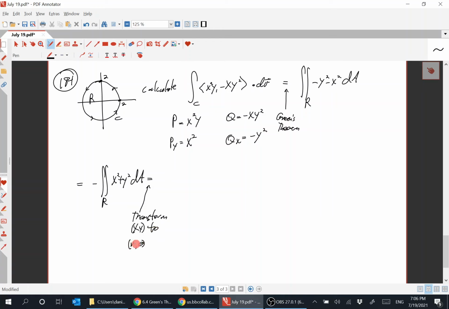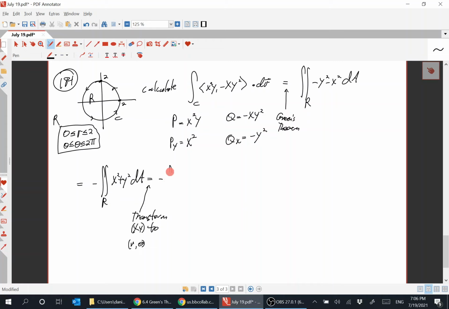So we're transforming the rectangular coordinates to polar coordinates, and this, of course, is just the polar rectangle, r going from 0 to 2 and theta going from 0 to 2 pi.